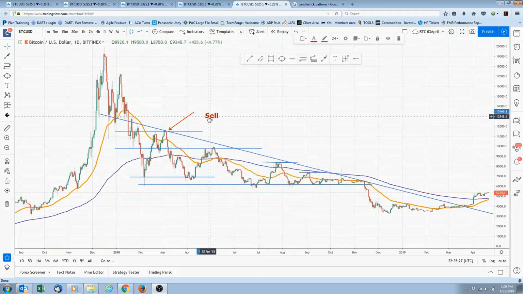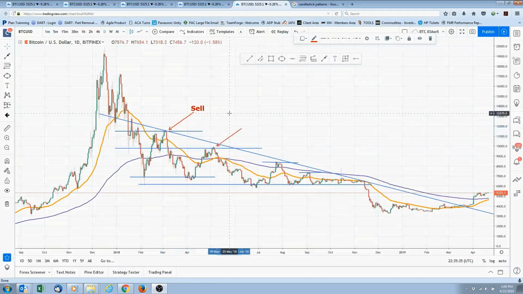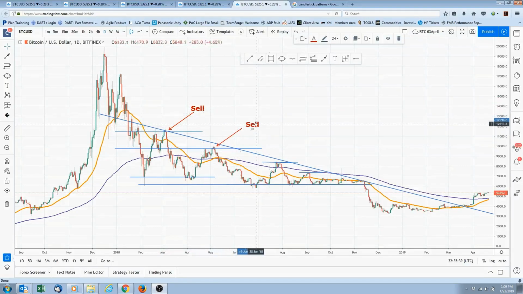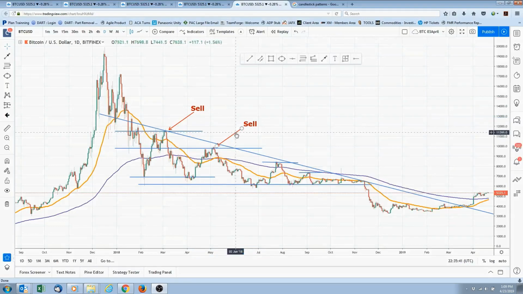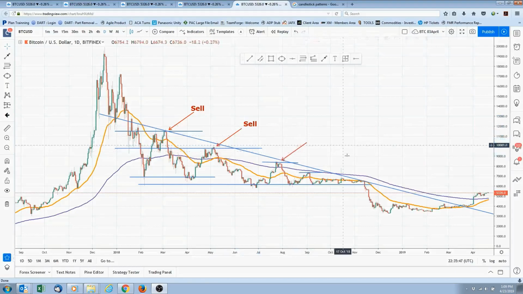Some of you guys are asking me, how do you know when to buy and when to sell? Well, I'm showing you right now. This is another area to sell. This is another area to sell.